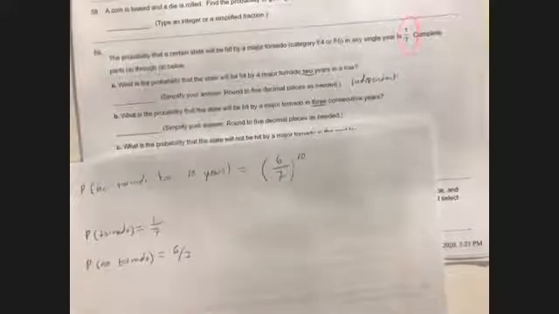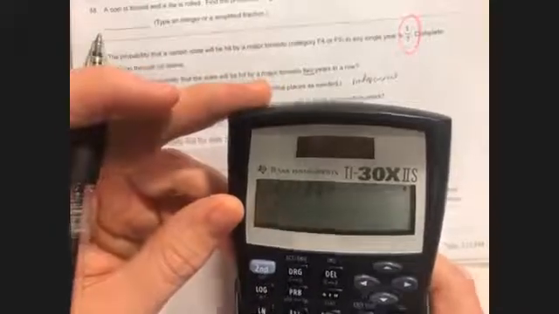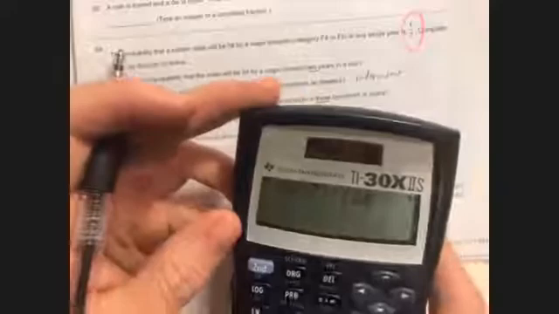Now I could write out year 1, year 2, year 3, and put a 6/7. But again, I don't really want to type 6/7 10 times because I will make a mistake. So the safest thing to do is parentheses 6/7, caret, oops, wrong button, caret 10, and get the decimal. 0.214058316.